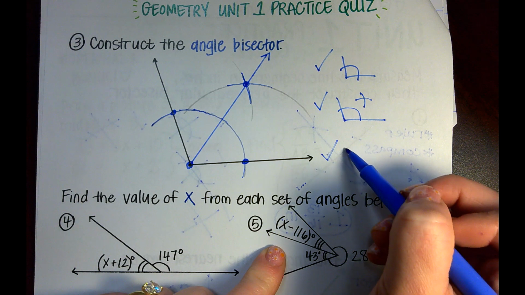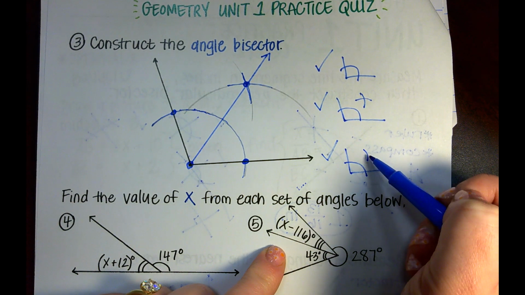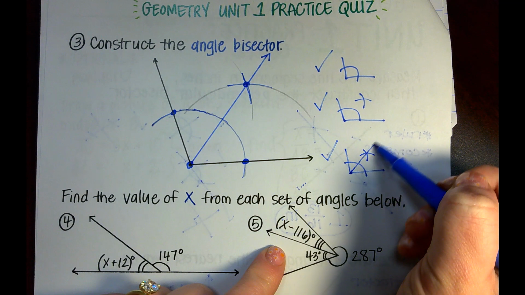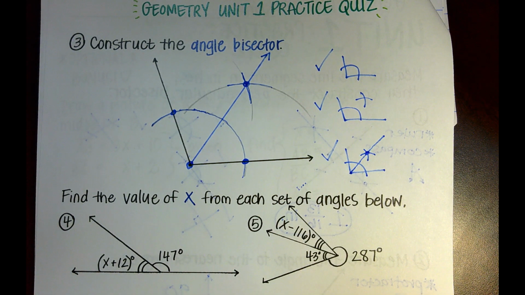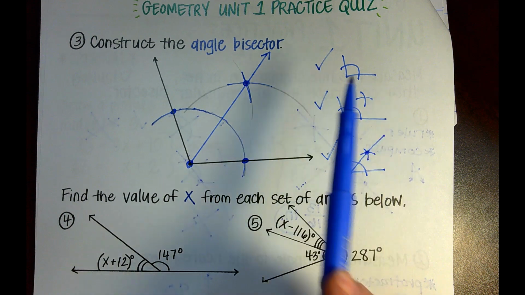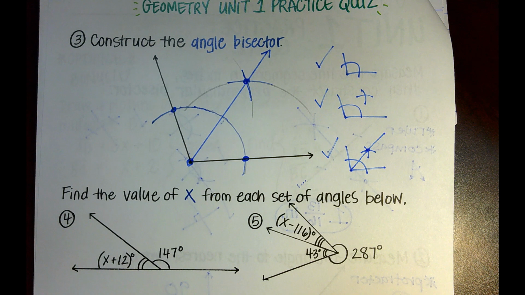And third of all, I'm looking to see that your bisector itself goes through that intersection. Okay? So, maybe having this checklist will help you remember how to make it too. Here's our guide. Any questions on number 3?